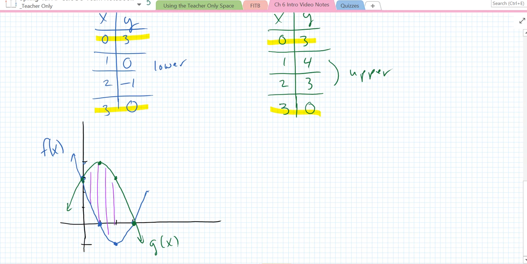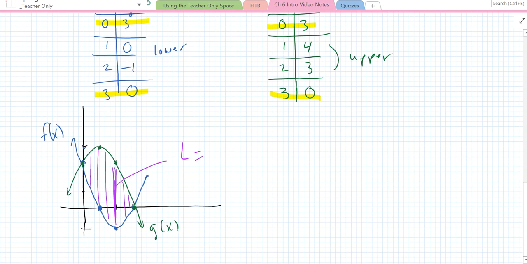Notice the region between. So to find that, I'm going to say this is the representative length. That length is equal to the upper one, which is g of x. So that's -x squared plus 2x plus 3 minus the lower one.